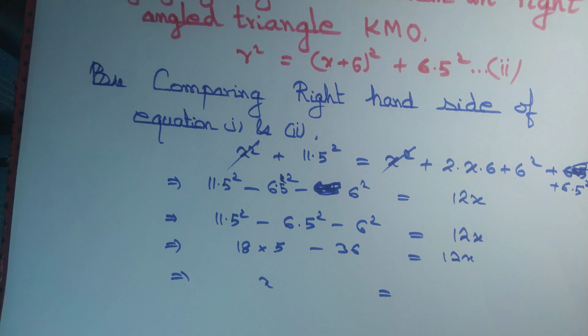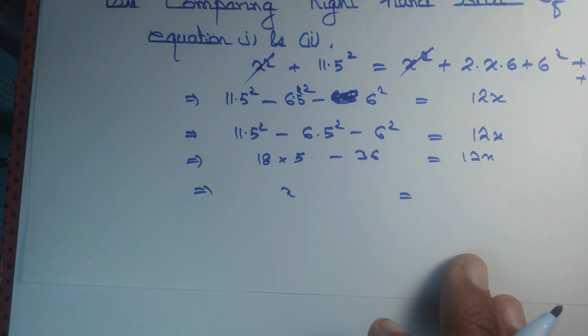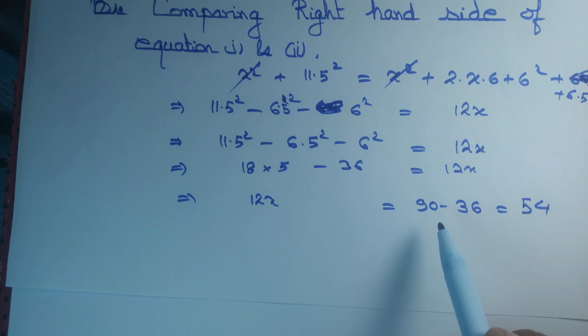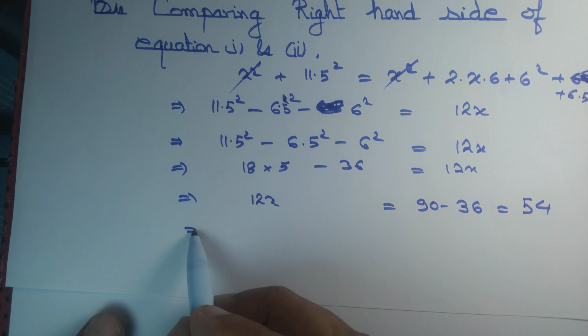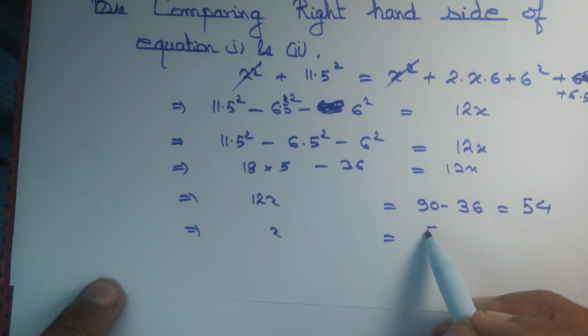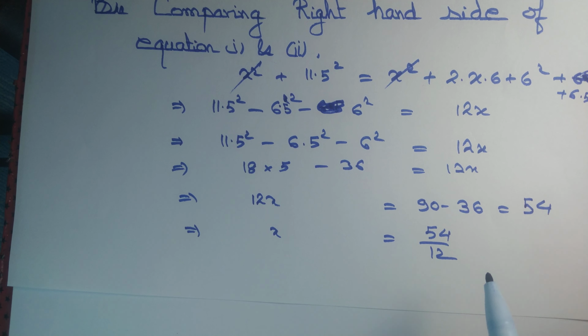Okay, now we can solve for x. So it follows that 12x equals 90 minus 36, that's equal to 54. So x equals 54 by 12. We can cancel out.